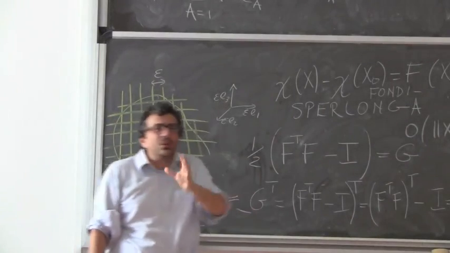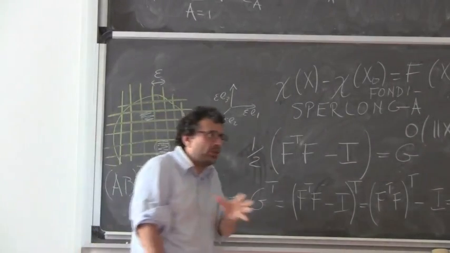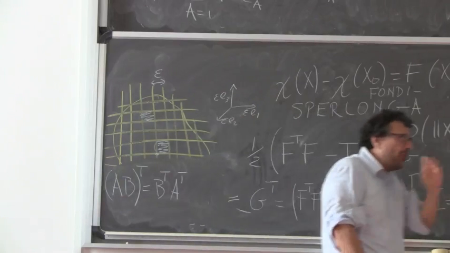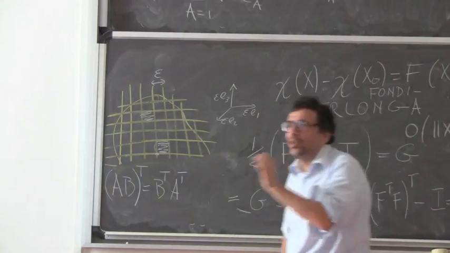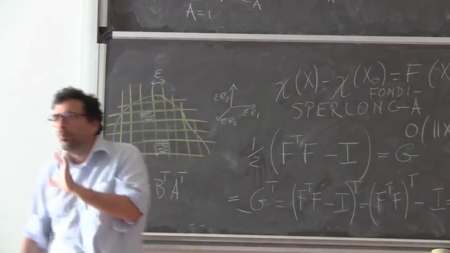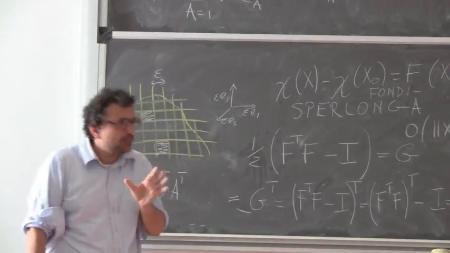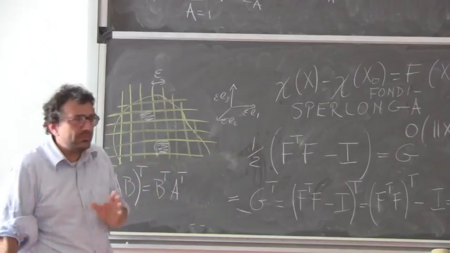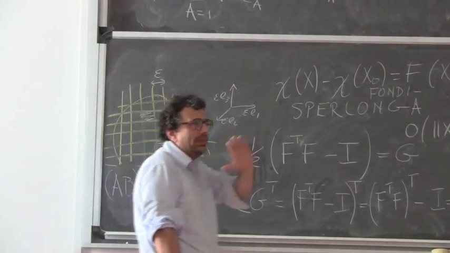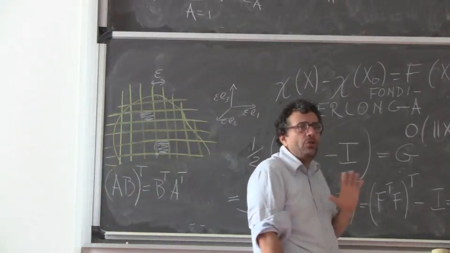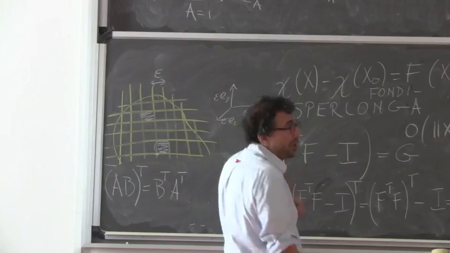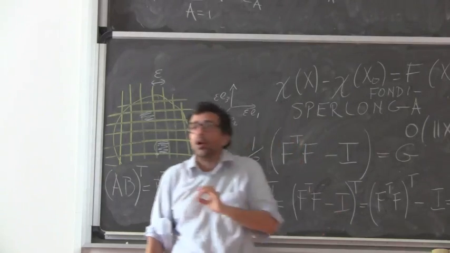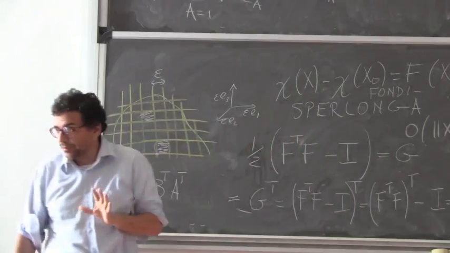I could now try to talk about a complex technical concept, contravariant and covariant components of a vector. We elegantly skip it by assuming that capital E_A and small e_h are orthonormal bases.